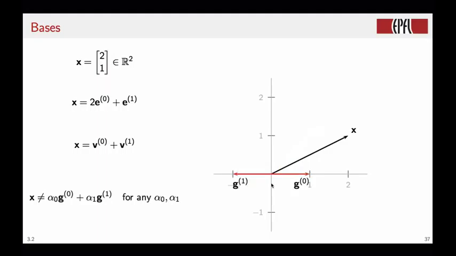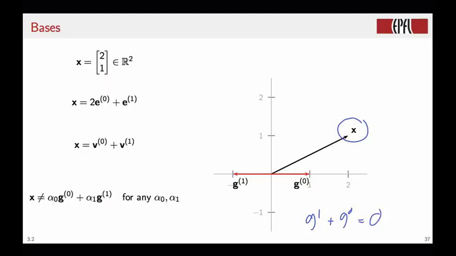So there is no way to write x as a linear combination of g0 and g1, because these guys are actually linearly dependent. Actually, the sum of g1 plus g0 is equal to 0, which shows that they are linearly dependent.